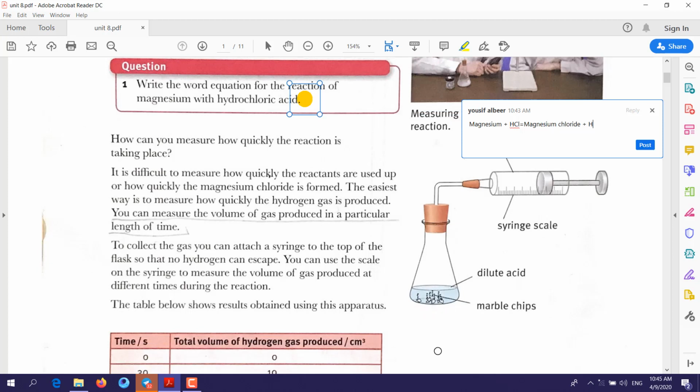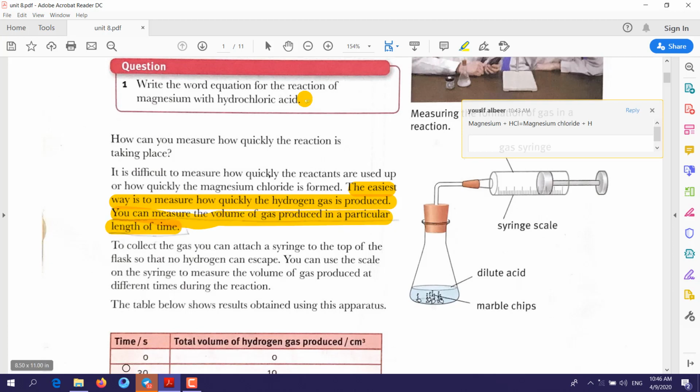So to find the rate of reaction here, you will depend on the amount of hydrogen gas that is produced. The easiest way is to measure how quickly the hydrogen gas is produced. You can measure the volume of gas produced in a particular length of time.